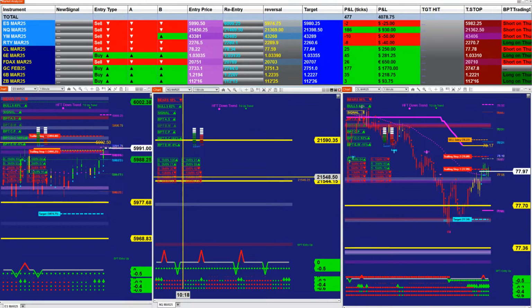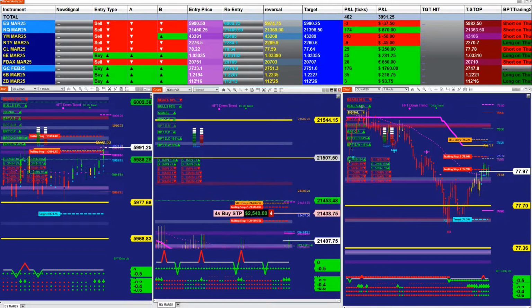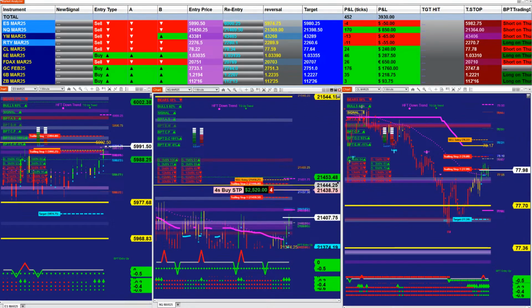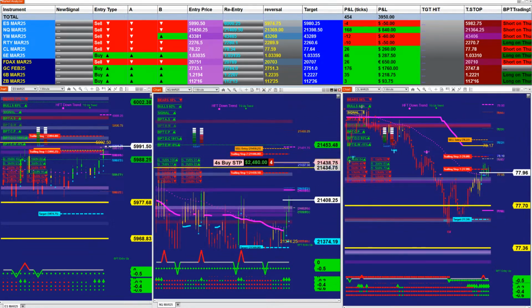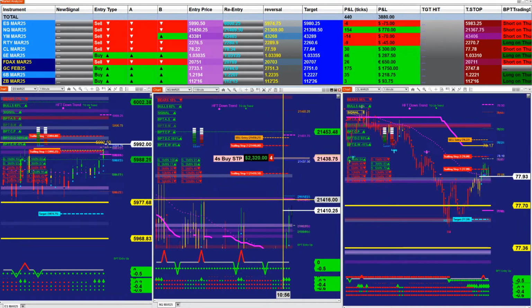Then we add the fib on it, which many people want to draw and talk about. They are also looking at the market with one eye, not both eyes. When the market comes to this fib, I want to know if this fib is going to hold or not.